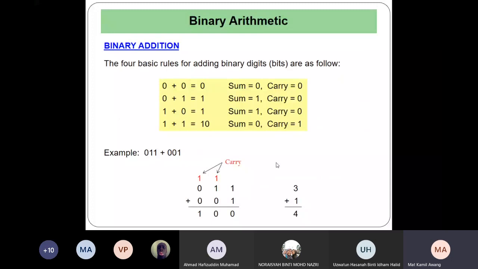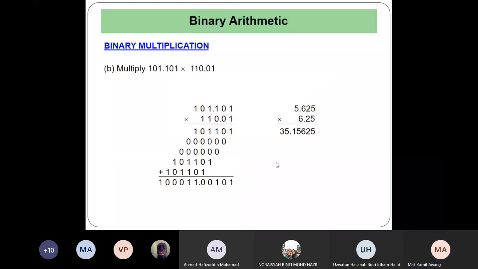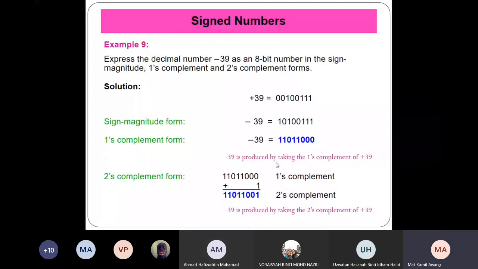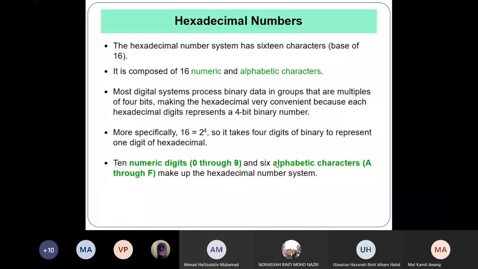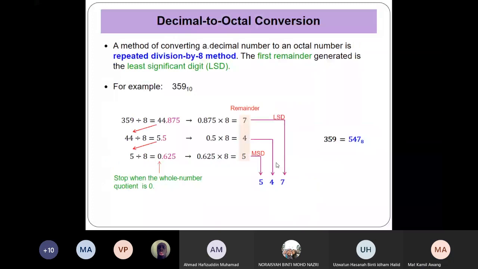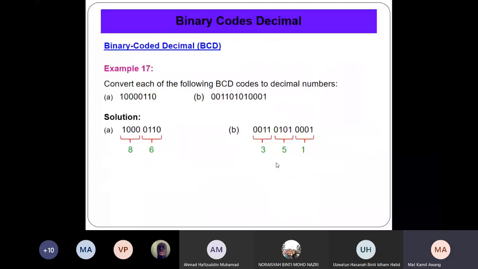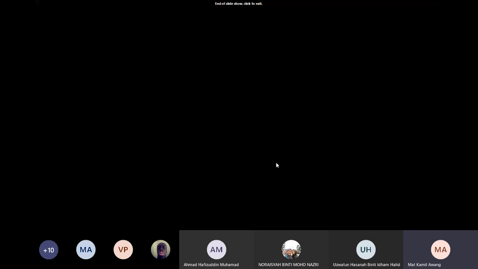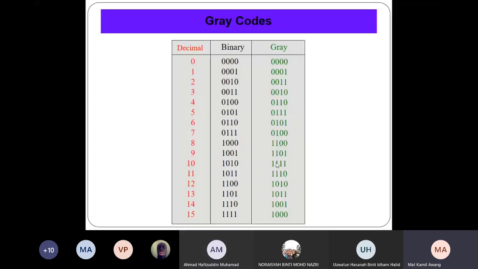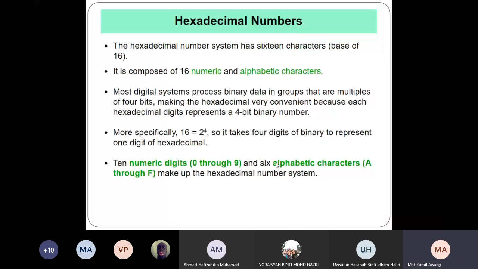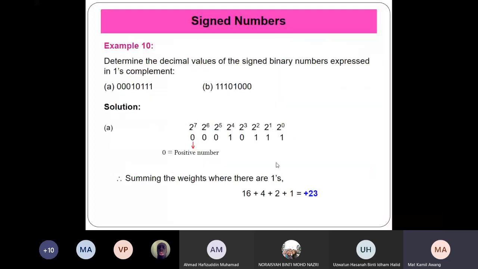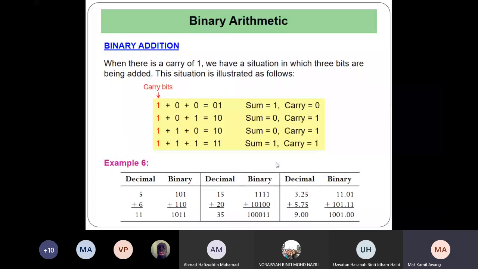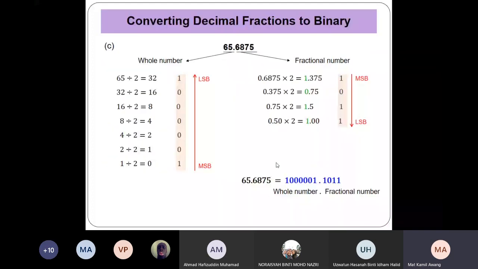Then we go to signed numbers, then hexadecimal, octal, then we are done. So hopefully this Thursday we can finish this whole part. Okay, so I stop at binary arithmetic. We continue from the binary arithmetic on Thursday.